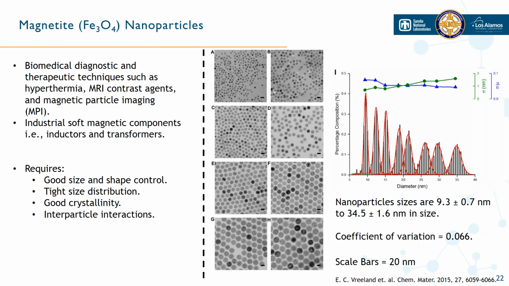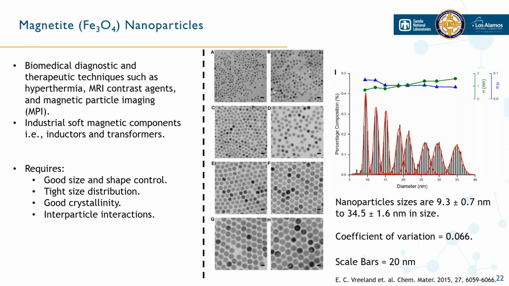One of the key takeaways for all these applications is that in synthesis, they basically require the same kinds of things. You want good size and shape control in the particles. You want a tight size distribution. Any type of polydispersity in the sample means that it will behave non-uniformly in any type of applied field, so we want that whole particle ensemble to be behaving uniformly.